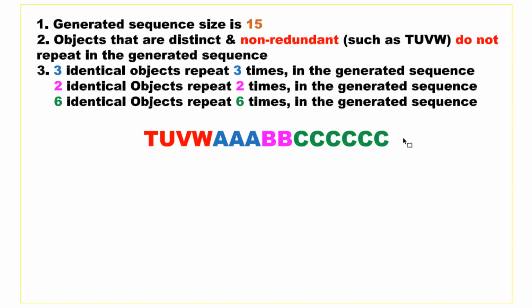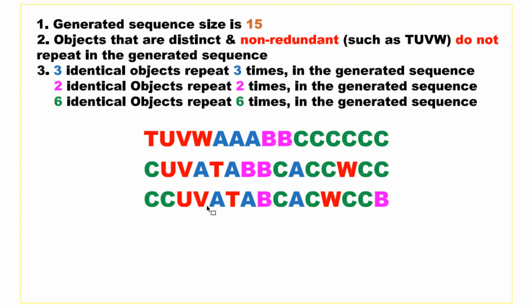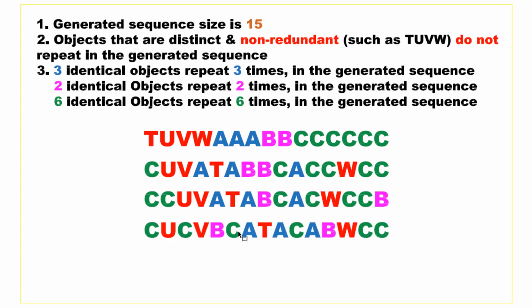We may have this word here, and again we may generate different ordered words, but the T and U and V and W are not going to be repeated more than once, while the identical letters such as B are always going to be repeated twice, and the identical letters such as A are going to be repeated all the time 3 times, and the repeated letters such as C are always going to be repeated 6 times.